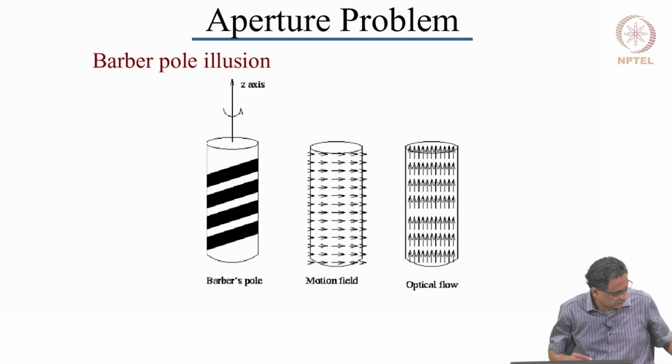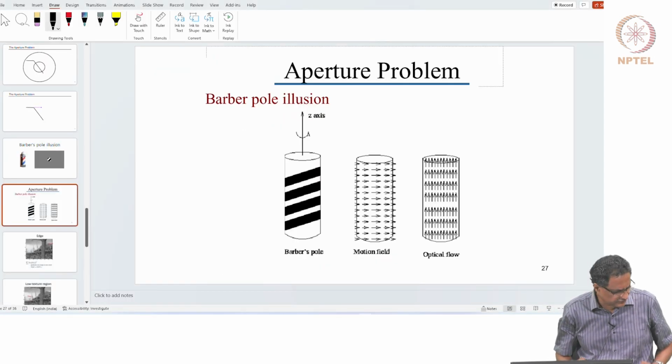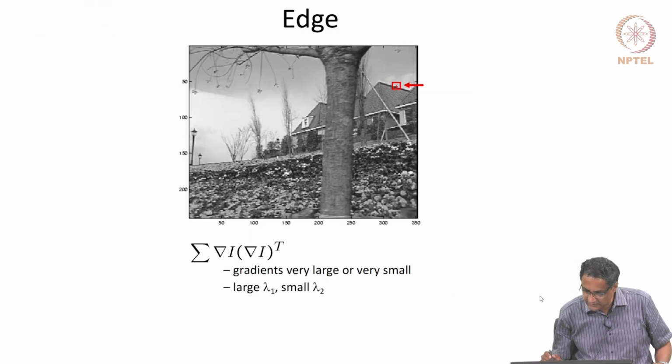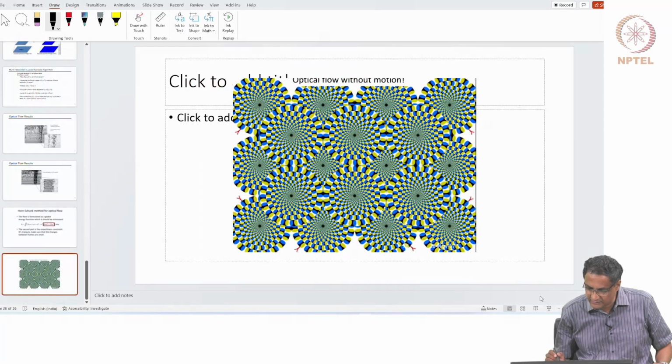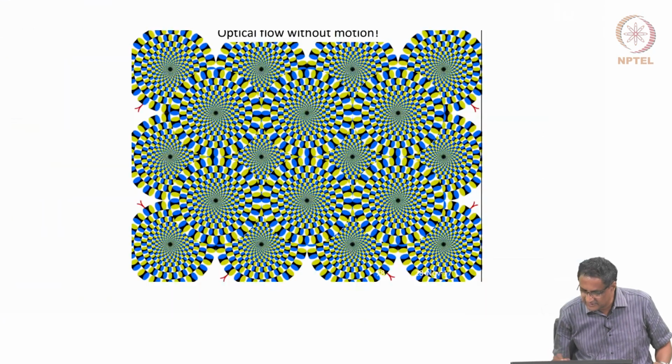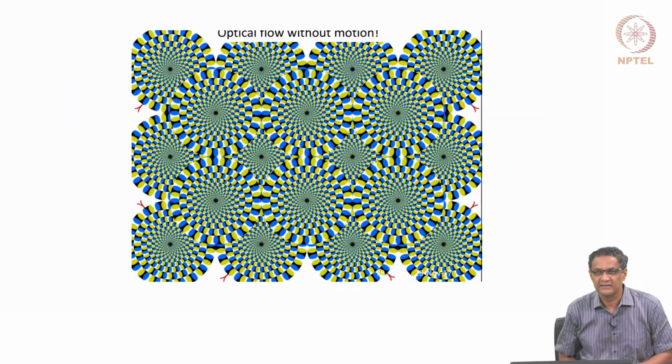So there are several illusions. There is one more illusion that I will also show you while we are on this. Watch this. Do you see something moving? But if you focus on any one pixel, nothing moves. There is no change. I think I can see that.